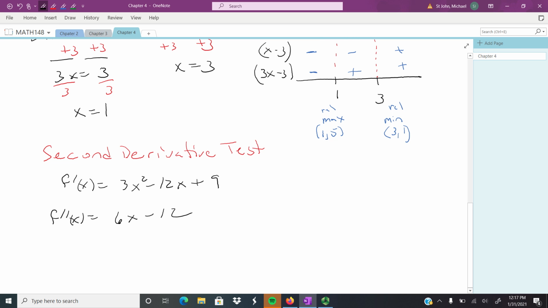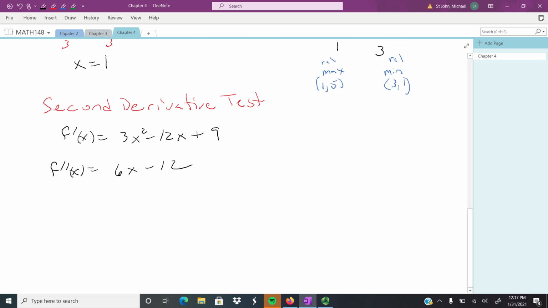And now we take that, we set that equal to 0. And again, we're going to solve for x. So we get 6x is going to equal 12, and then we divide. And x is going to be 2.